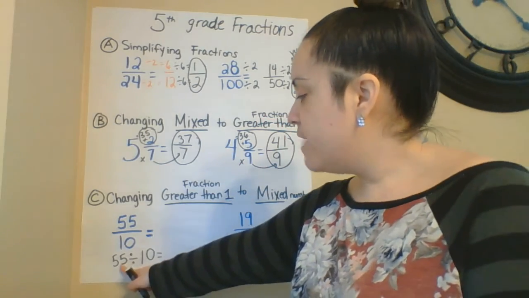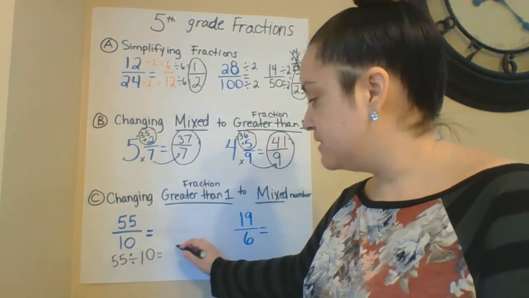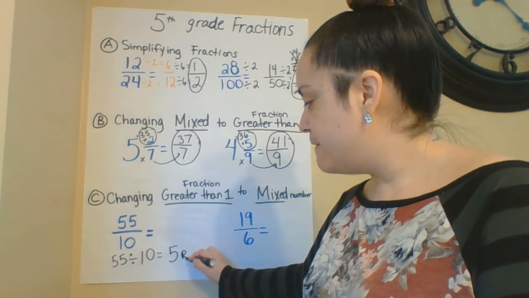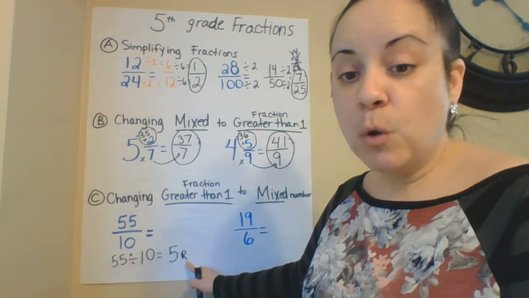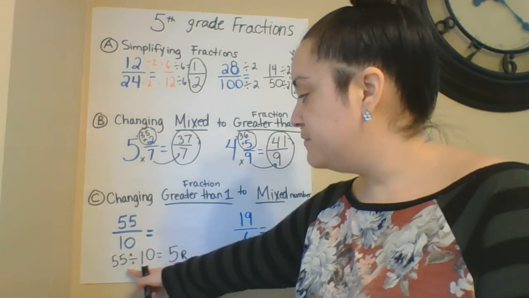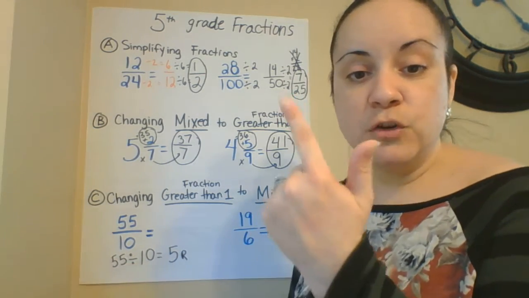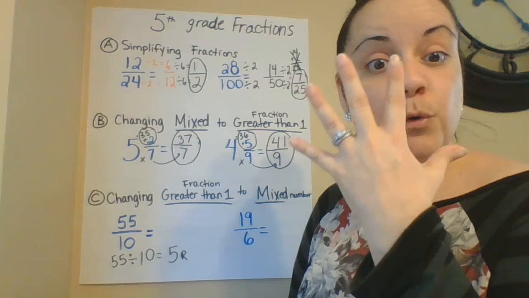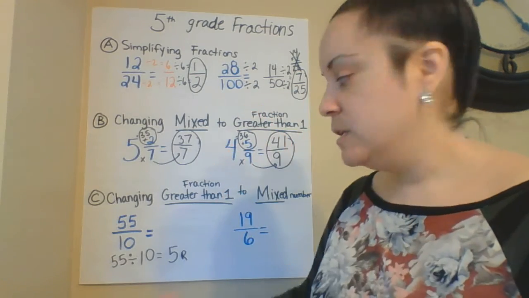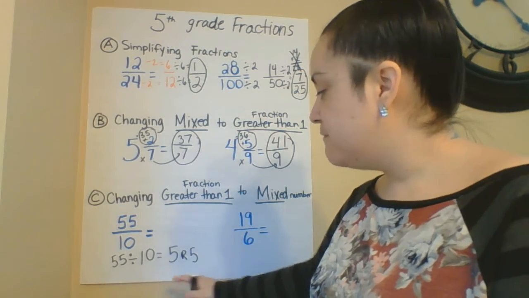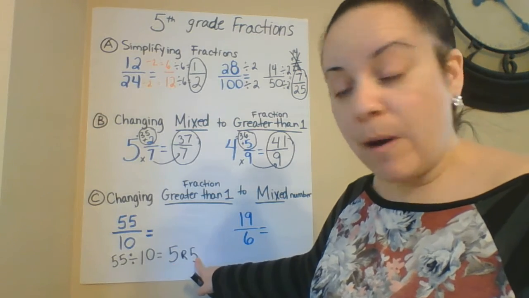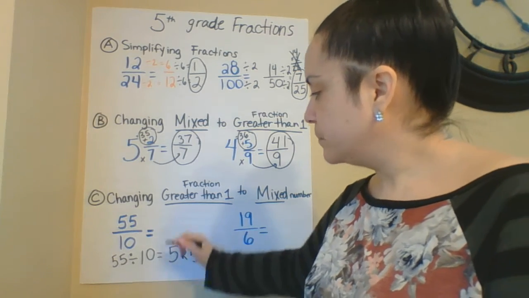So I know that 55 divided by 10 is 5, but I have a remainder. So what's my remainder? 50, 51, 52, 53, 54, 55. I have a remainder of 5. So now I need to take this up here.